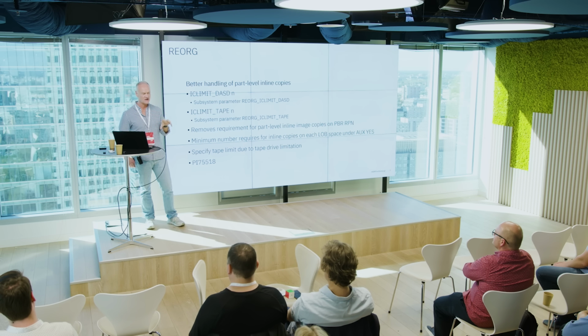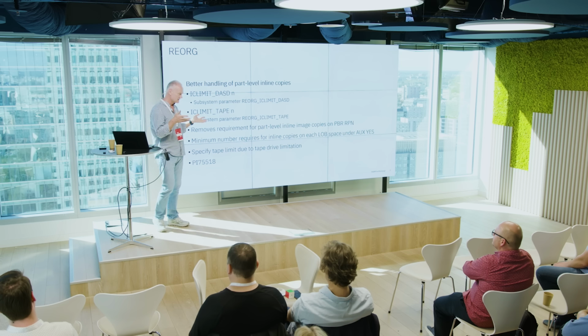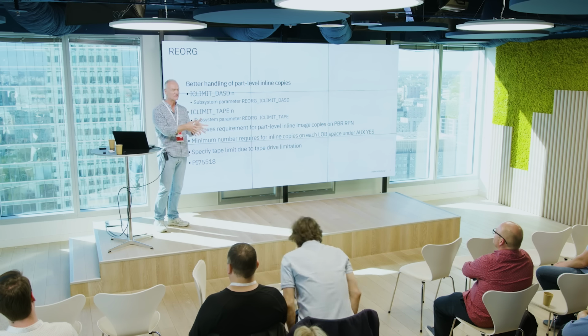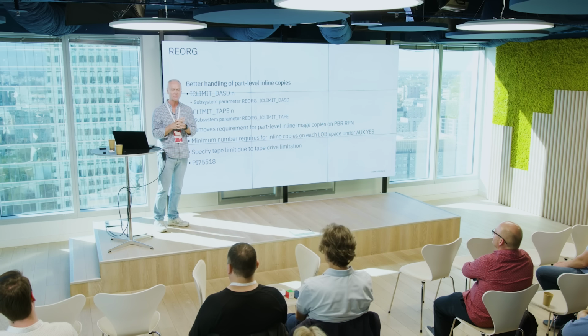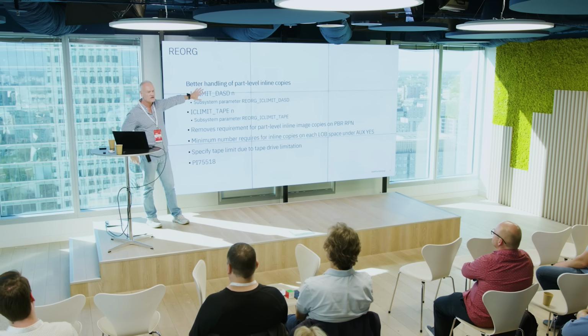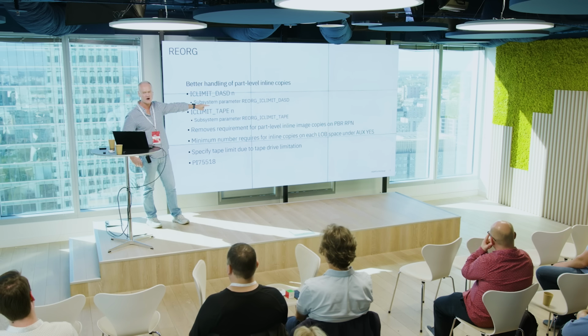That's the big change for PBR RPN that gives us much greater scalability. So then that became an issue because we couldn't mix partition 4 and partition 5 pages in the same image copy dataset, because all we knew was it was page 57 and we didn't know whether it belonged to partition 4 or partition 5. So as a result of that, with PBR RPN, when we delivered that in version 12, we said you have to use part-level image copies for PBR RPN reorgs.